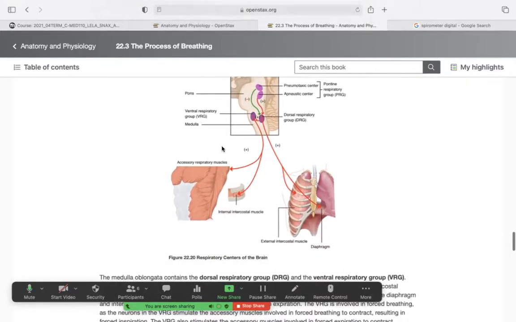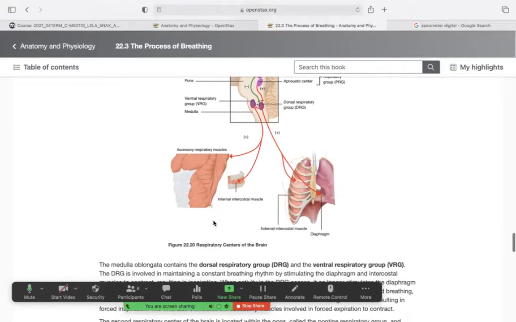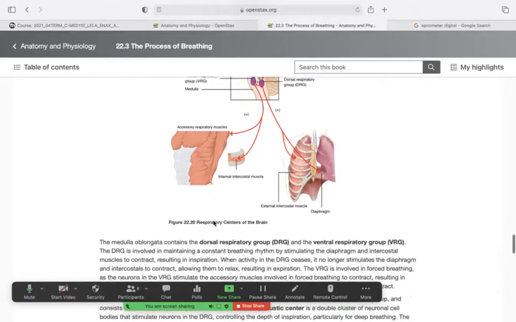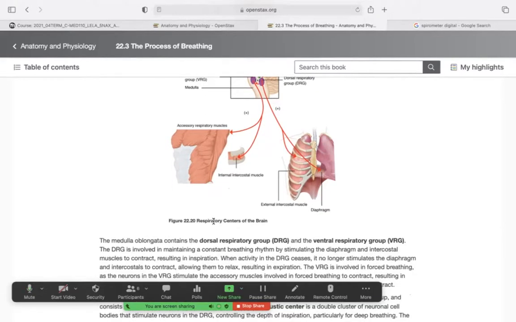Now, you'll also see here accessory respiratory muscles. If any of you ever had family with chronic obstructive pulmonary disease like emphysema, chronic bronchitis, or really bad asthma, you could see how their shoulders move and help their intercostal muscles.